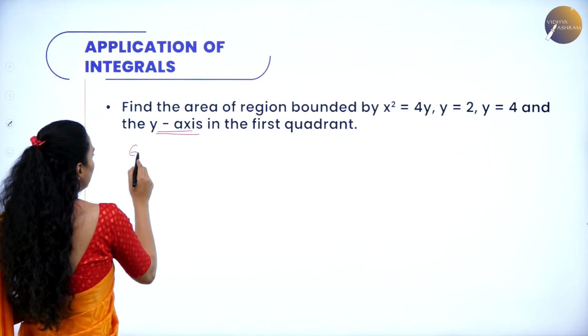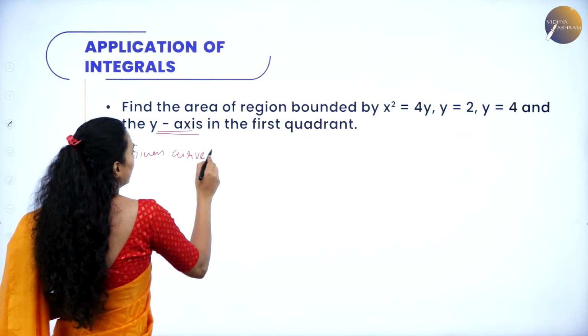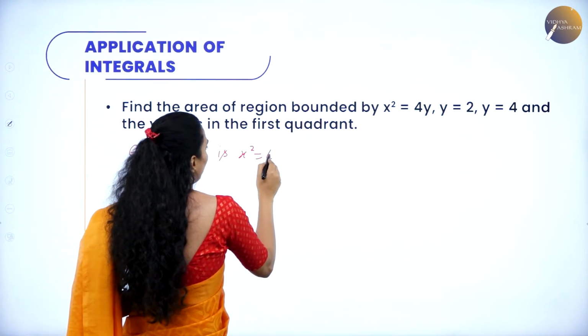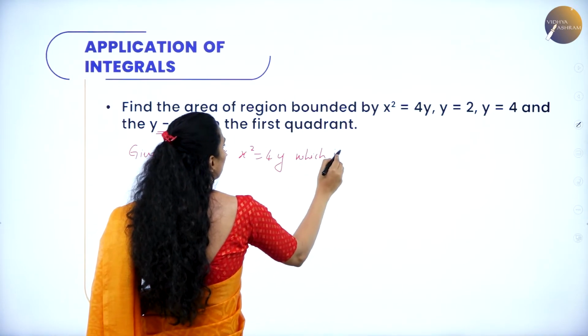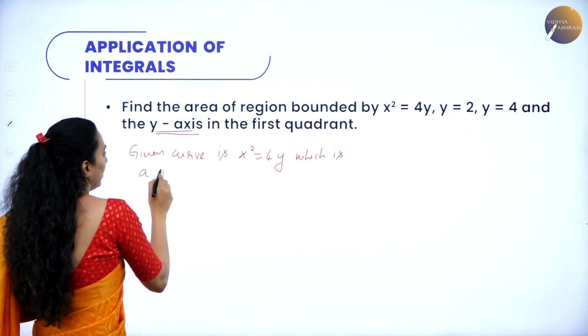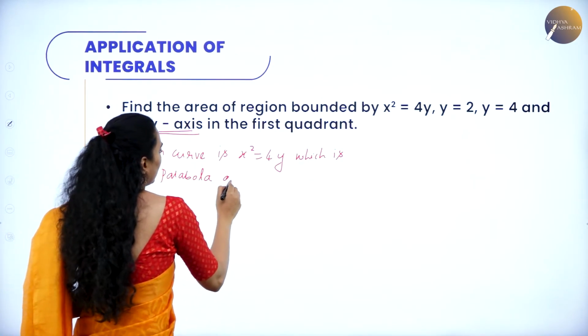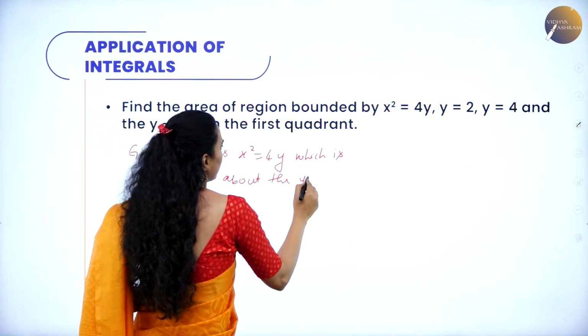So given curve is x squared is equal to 4ay, which is a parabola about the y-axis, isn't it? About the y-axis.